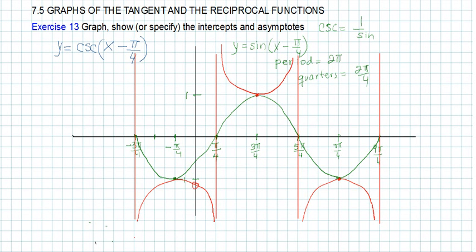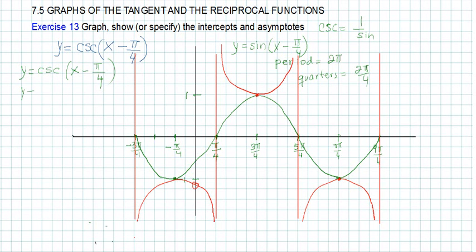So how to calculate the y-intercept? Well, you start with the original equation. So I have y equals cosecant of x minus pi over 4. And at the y-intercept, x equals 0.